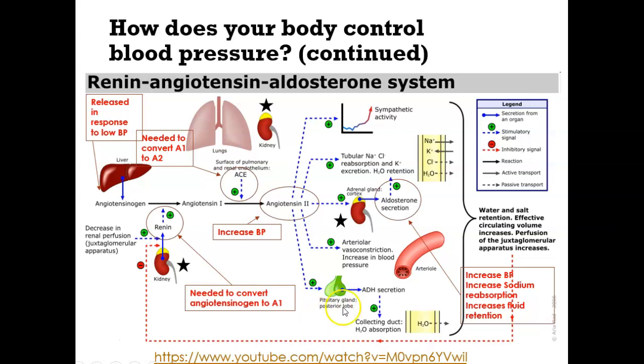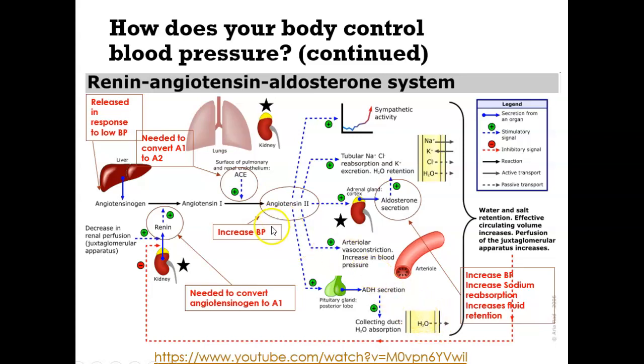And then down here, this one, I'm not 100% positive. Obviously it acts on the pituitary gland, ADH secretion, which affects the collecting duct and water absorption. This also has to do with fluid retention, fluid reabsorption, and probably overall fluid volume, which will affect blood pressure.